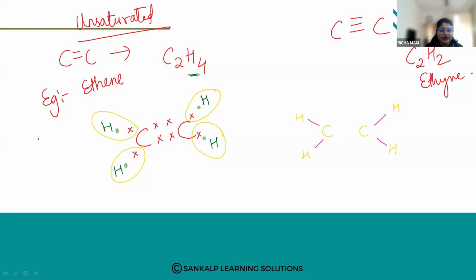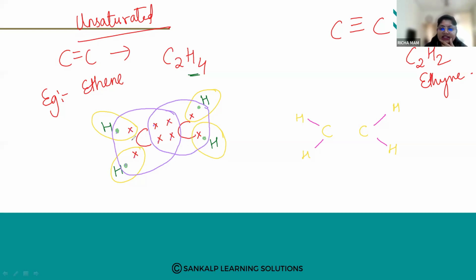Now just see, across this carbon, 8 electrons should be present. Calculate: 1, 2, 3, 4, 5, 6, 7, 8. Now across this carbon, calculate 8 electrons. Yes, 8 electrons. So this carbon has also satisfied its octet.